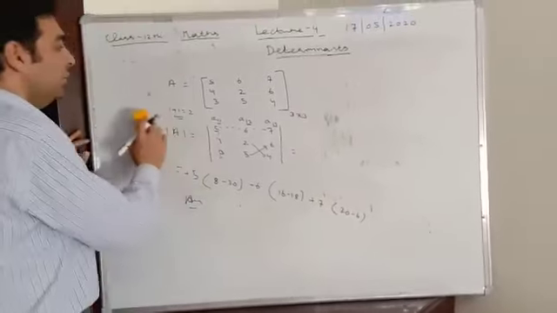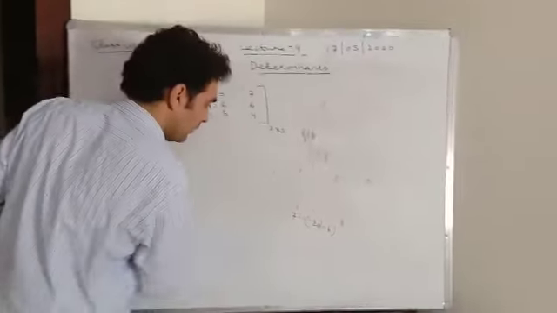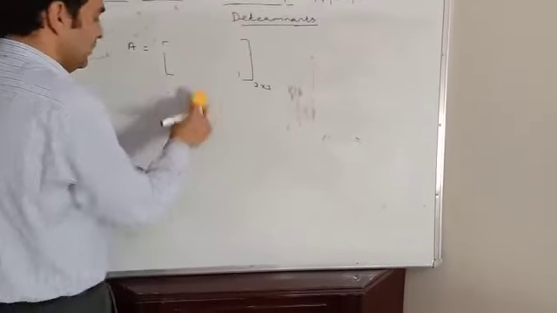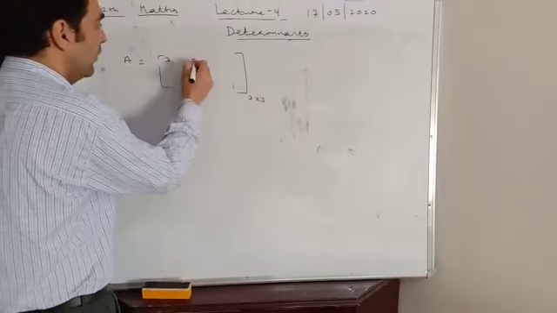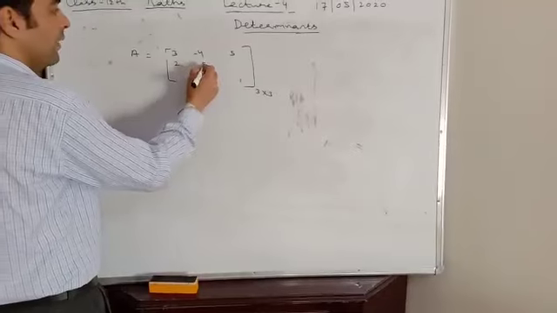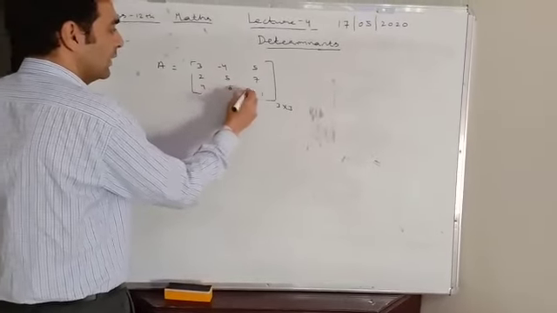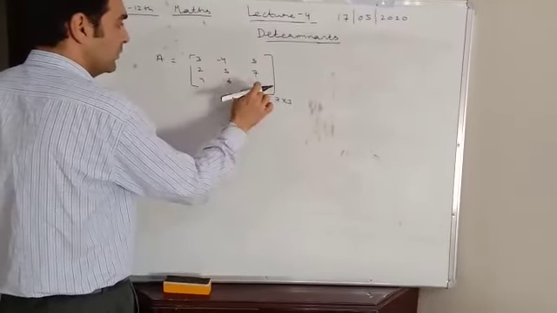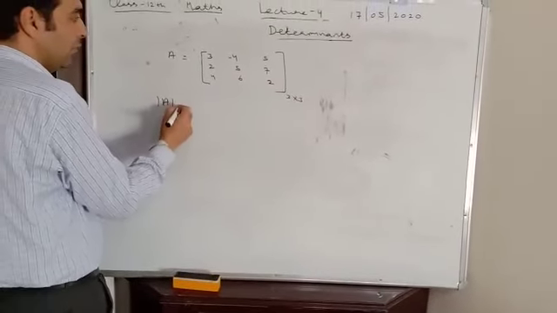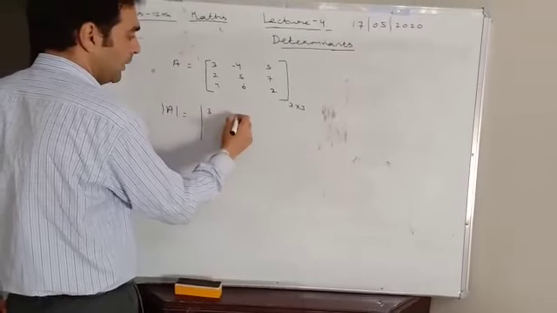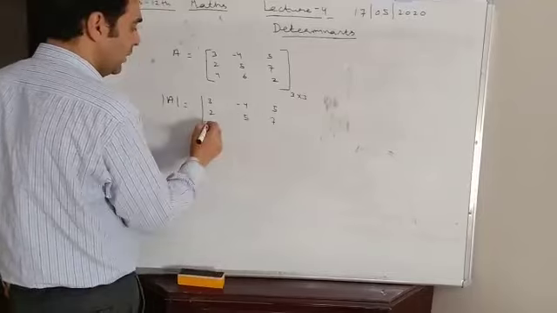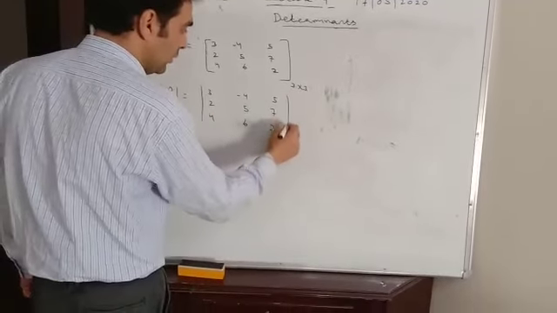One more example we can do. Let A be 3, minus 4, 5, 2, 5, 7, 4, 6, 2.